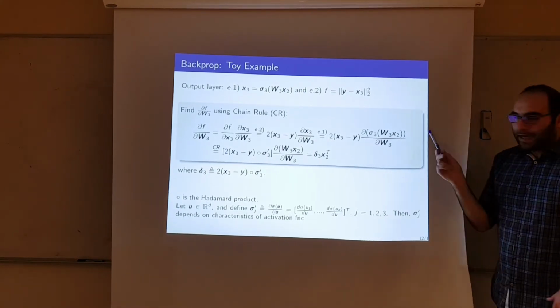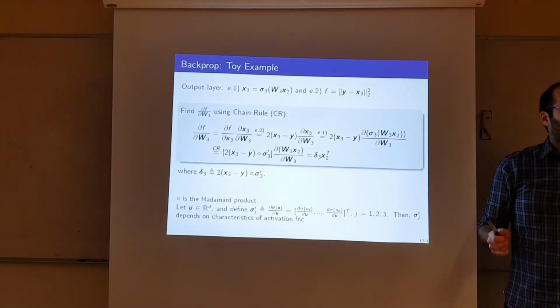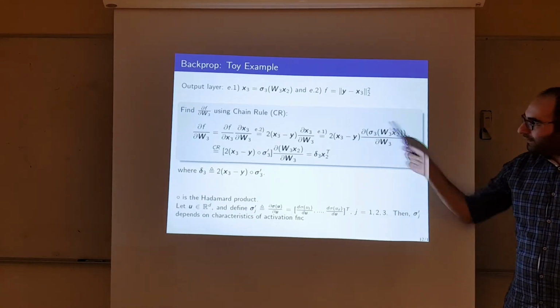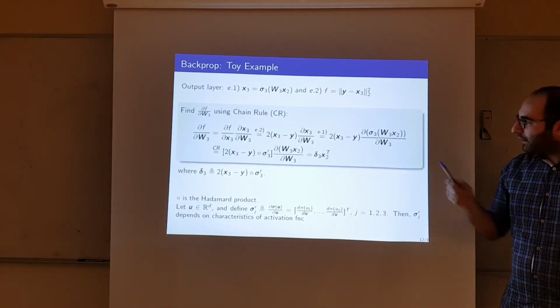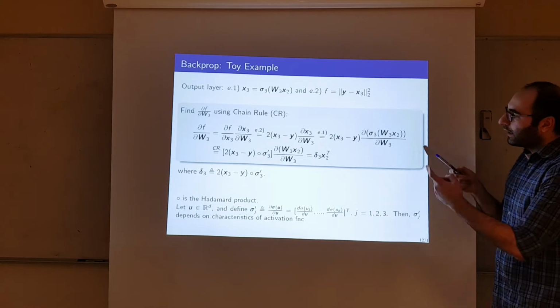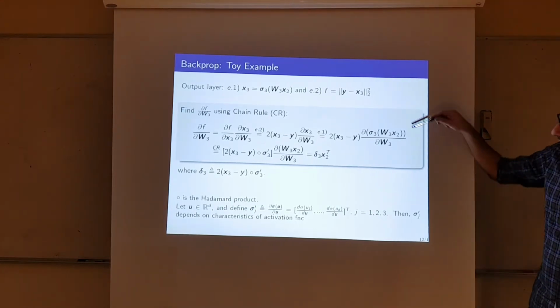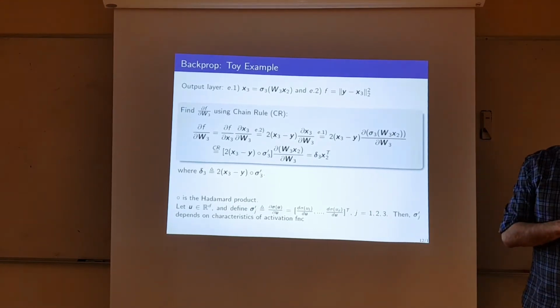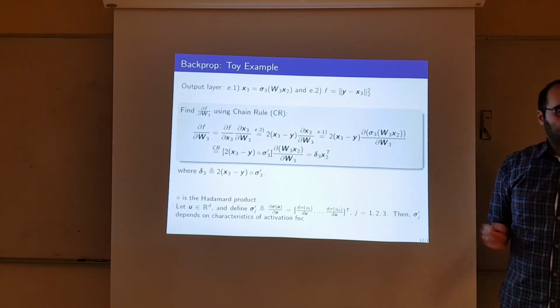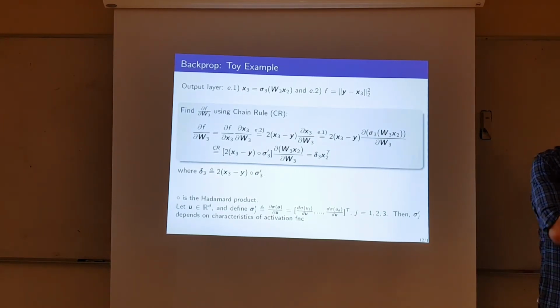And here again, as you can see, this is a composition of two functions. We have w3 x2, which is the first function, and then we have sigma 3. So this is the derivative of a composition of two functions, and from the chain rule we can split it into two derivatives.